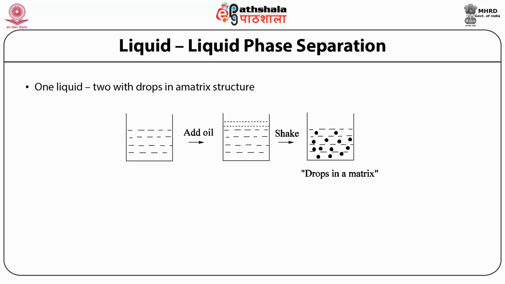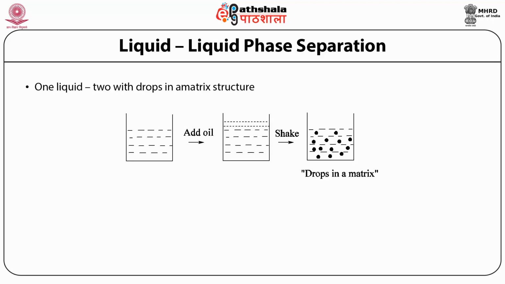First, we will discuss liquid-liquid phase separation. If we take some amount of water in a container and add oil to it, then the two form separate layers and do not mix. That is, the oil and water are immiscible.